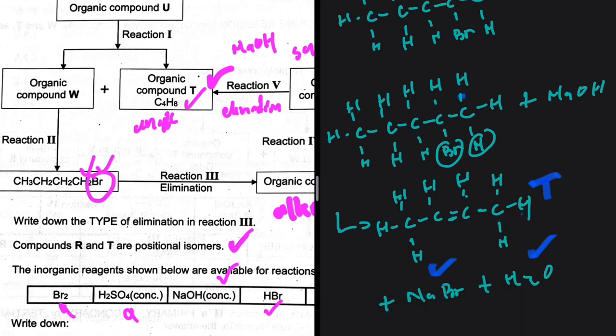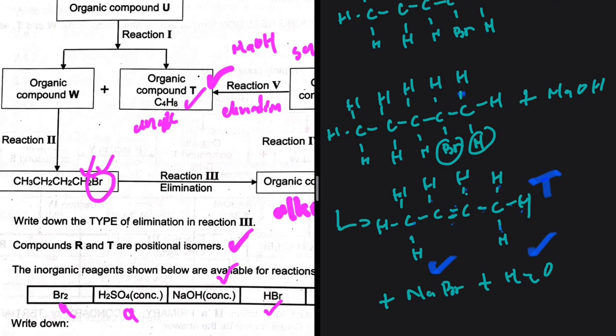So how many hydrogens? 1, 2, 3. Oh, how many bonds? 1, 2, 3, 4. And here we have 1, 2, 3, 4. I'm just trying to make sure that I'm not making any mistakes. Okay, let me take a look at the molecular formula. So C4, and then 8 hydrogens, H8. Four bonds on each carbon.